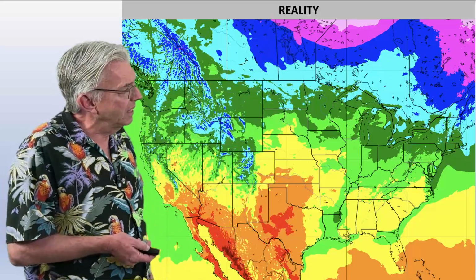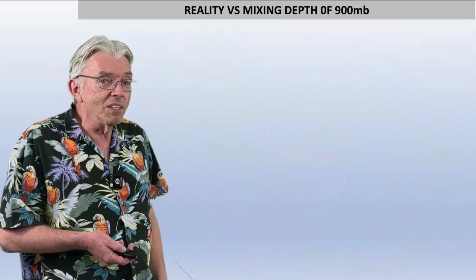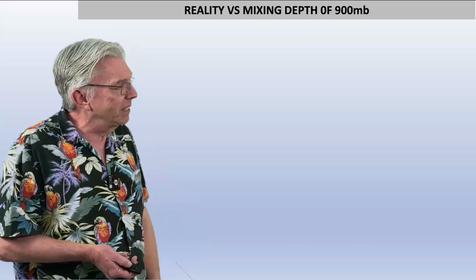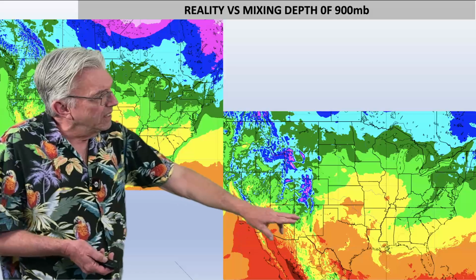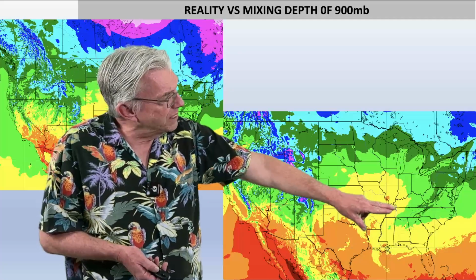So what actually happened today? Well, this was reality, and you can see the yellow, which indicates 60 or higher, did indeed cover most of North Carolina. And we had the really cold Arctic air way up here in Canada. So what level most closely approximated reality? Well, here they are. This is reality here, and this is 900 millibar mixing depth here.